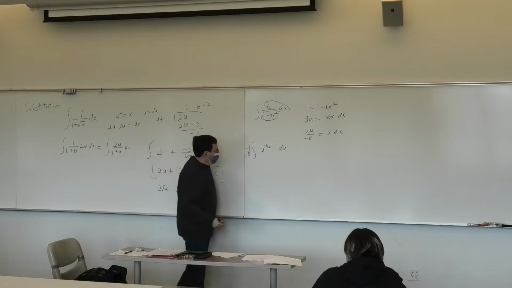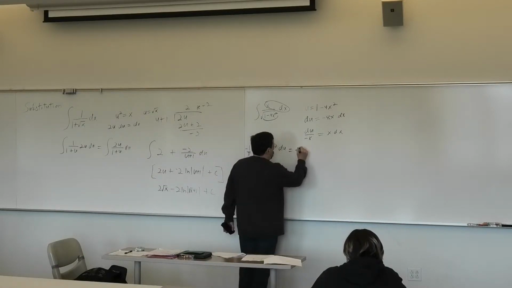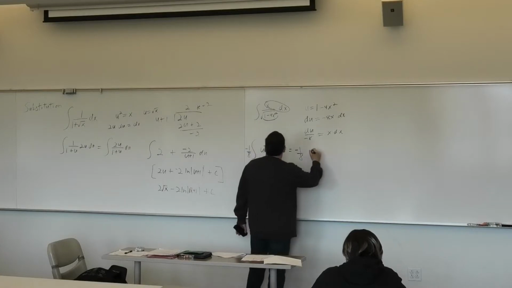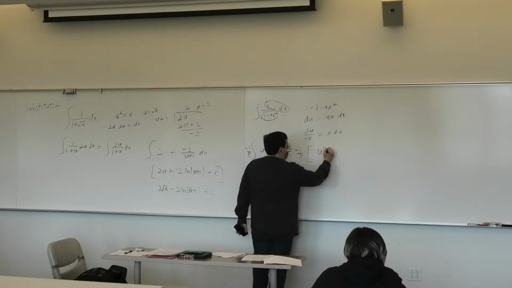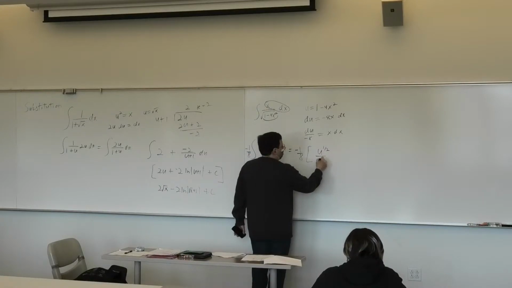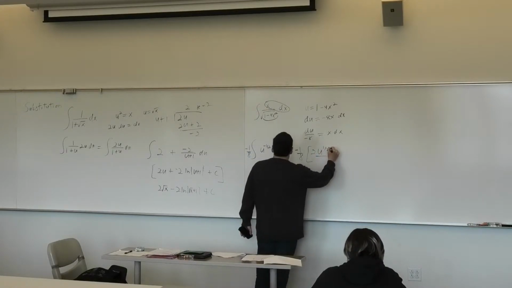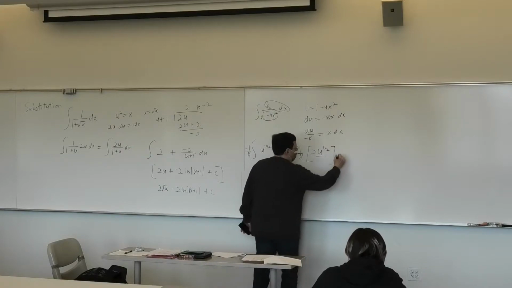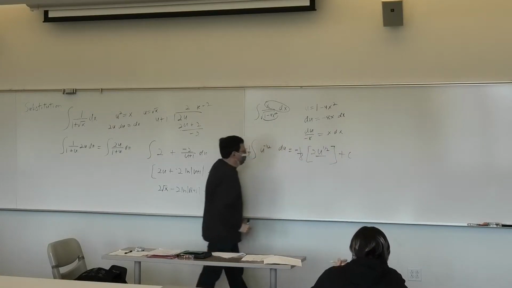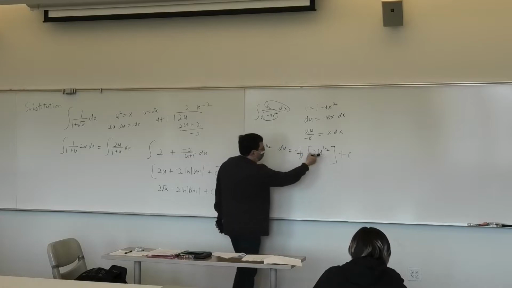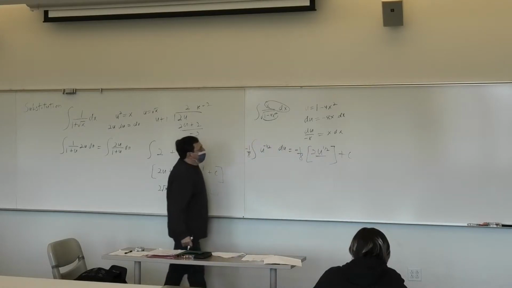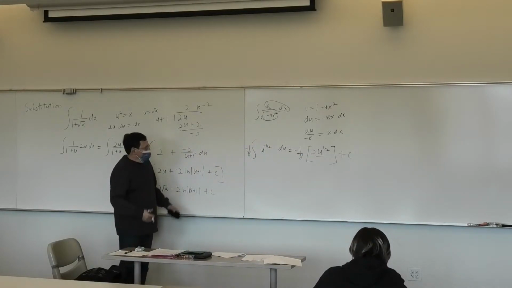I can use the reverse power rule. So what's that going to give me? u to the 1/2 over 1/2, which is just 2 square root of u, plus constant of integration. We can simplify here, but that strategy worked pretty nicely.